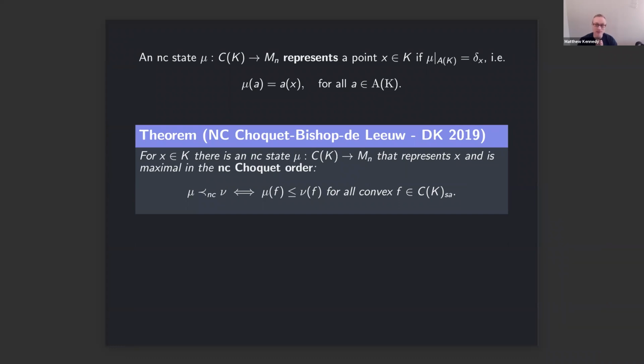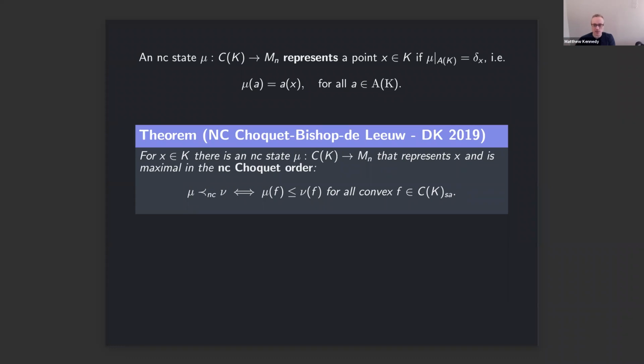Remember, here we're replacing measures by NC states. In other words, we're replacing functionals with maps into Mn, with UCP or CP maps into Mn. And the maximality here is in the sense that it's ordered according to these NC convex functions.